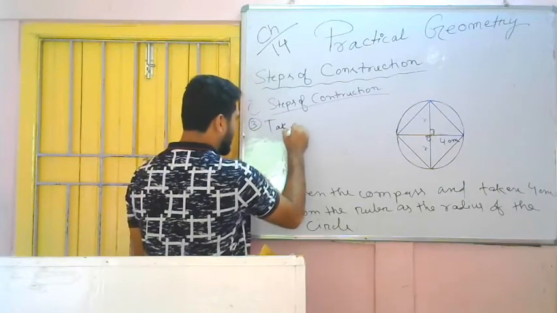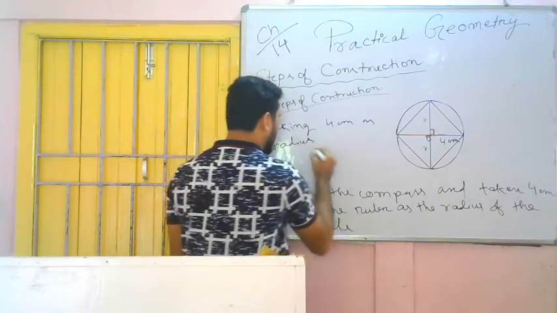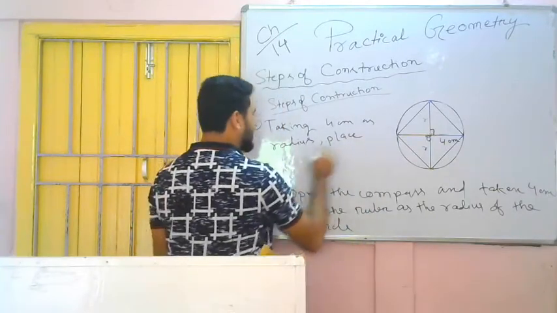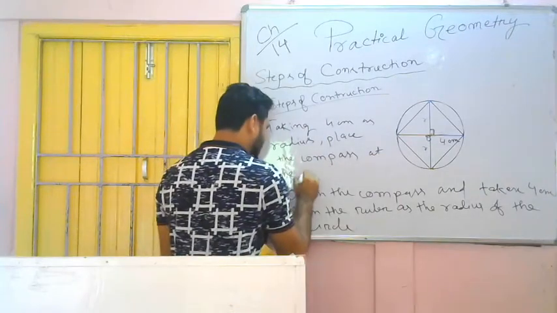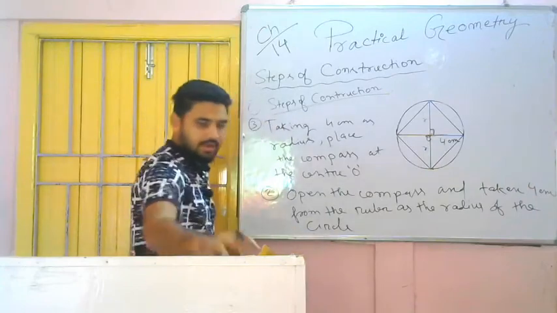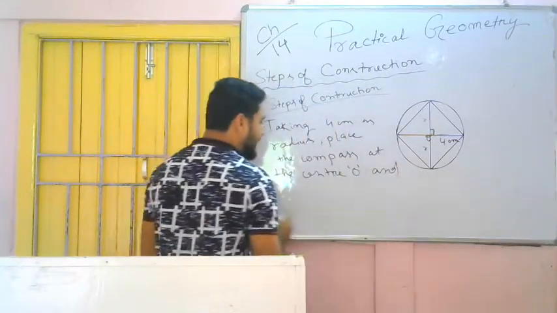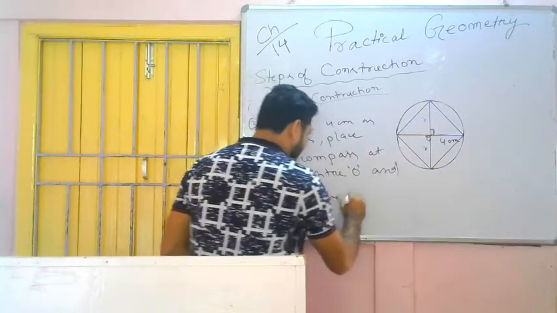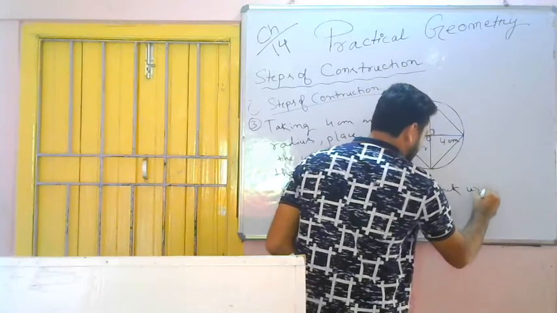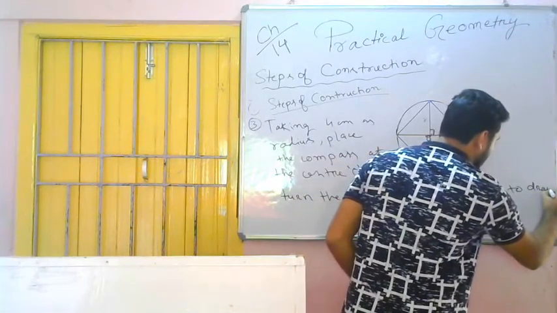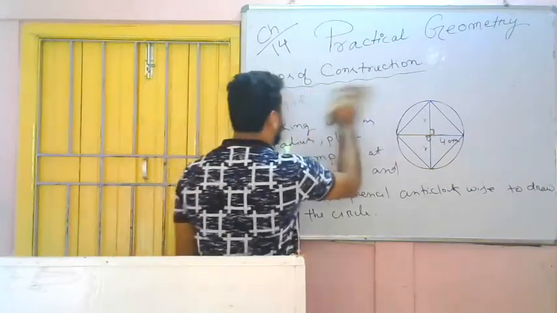Okay, taking 4 cm as radius, place the compass at the center O, and turn the pencil anti-clockwise to draw the circle.